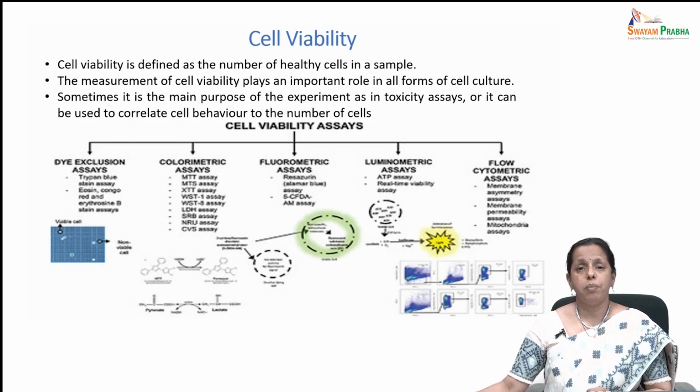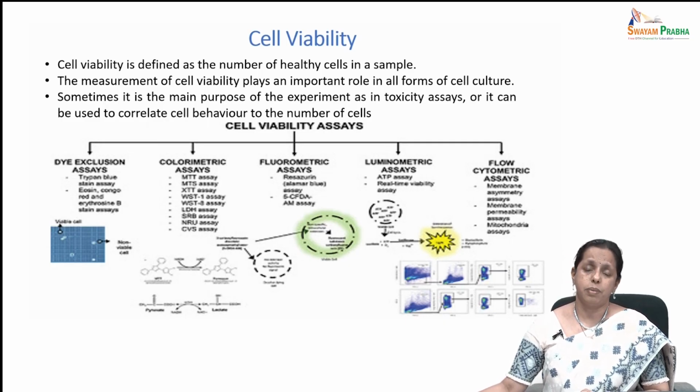And again, a very important ELISA-based, colorimetric method, where we have the MTT, MTS, and all these particular assays. The MTT assay is based on the reduction of MTT to formazan, and the formazan is solubilized by DMSO.